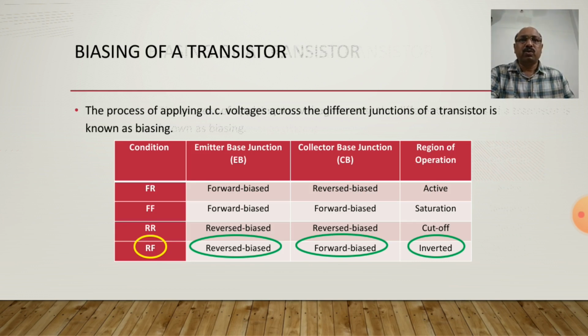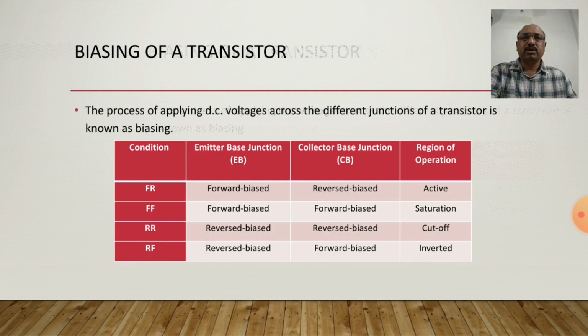As you are aware, one of the most common applications of the BJT is to use it as an amplifier, where if we apply a time varying signal as an input, then it amplifies the input signal. But the BJT does not amplify the input signal until we apply the DC power supply.